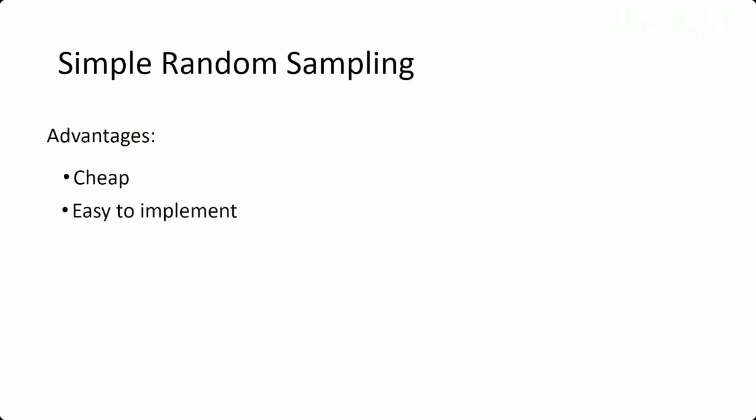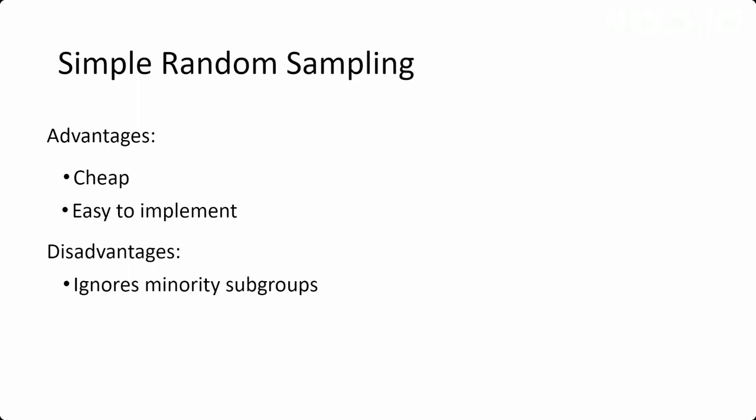There are advantages and disadvantages of every method of sampling, and for simple random sampling, the advantages are that it's cheap and easy to implement. The disadvantage is that it ignores the minority subgroup.